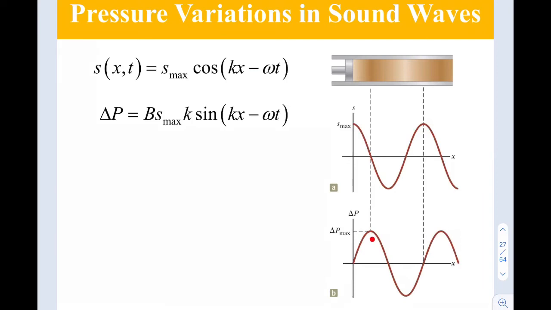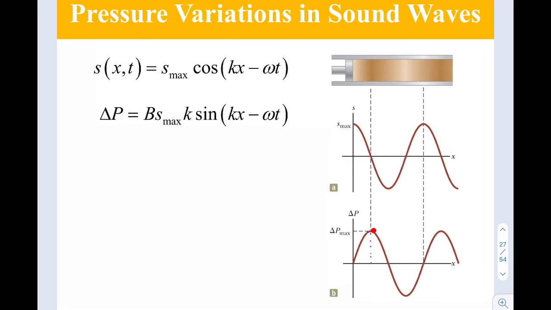At x equivalent to 1/4 of the lambda, at this position, the pressure is maximum, whereas the gas molecules are fixed here, almost cannot vibrate, cannot have displacement of s. So s is 0 whenever p is maximum.